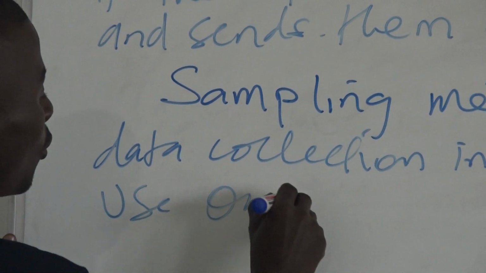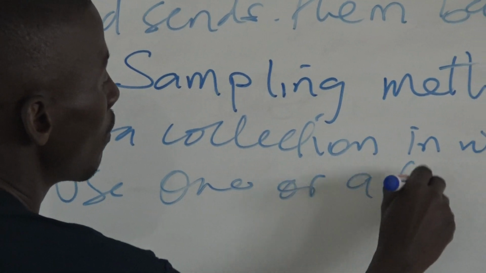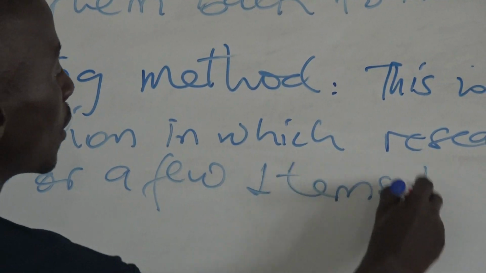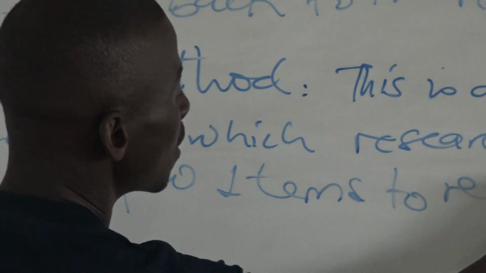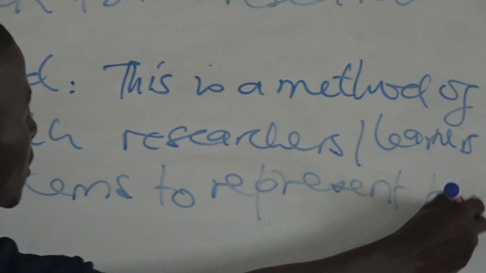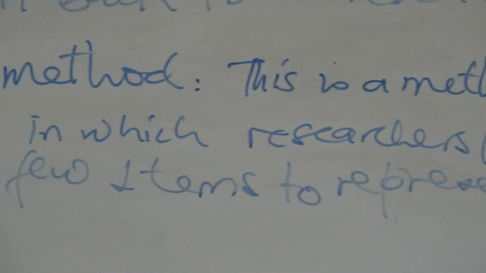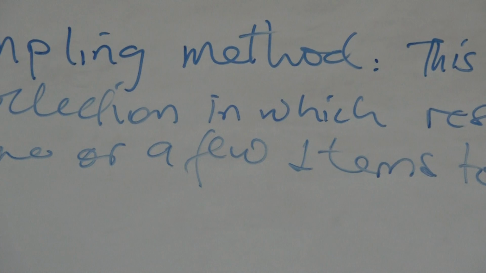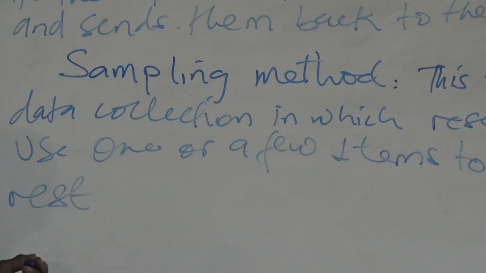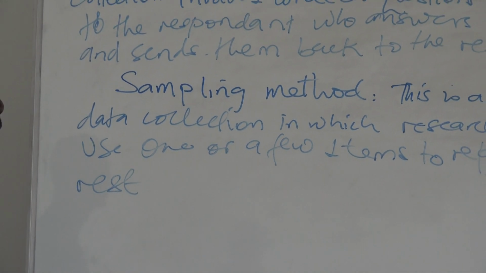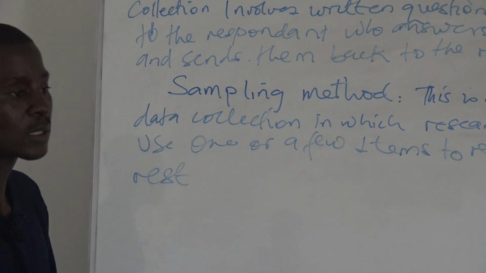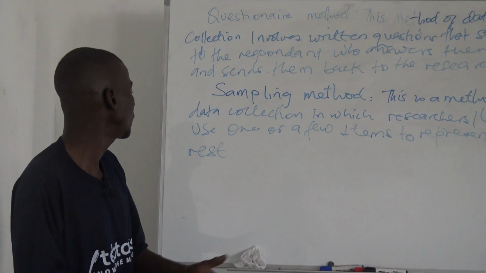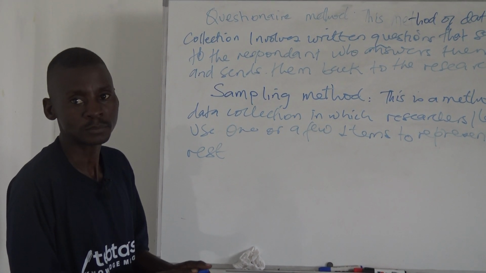They use one or a few geographical items to represent the rest. What one chooses out becomes a sample. One chooses out one fish learning site, it becomes a sample to know that there are so many other learning sites on that lake.